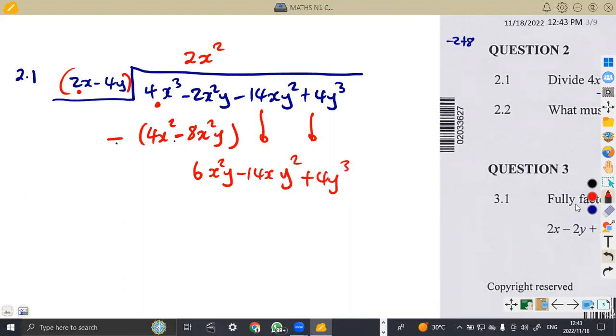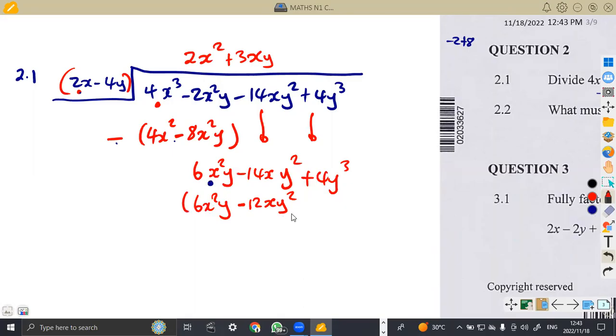Let's divide again, always first term versus first term. 6 divided by 2 is 3, so we have 3x, and y remains. We multiply back, which gives 6x squared y, and minus 3 times 4, which is 12xy squared, because y and y give a squared.